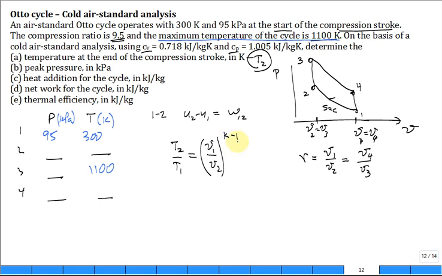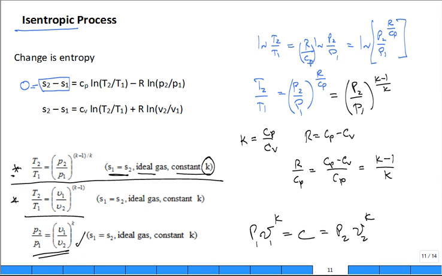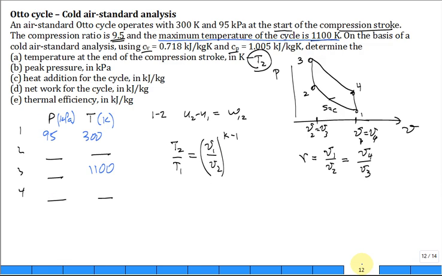Is it K minus 1? Take a look. We're using this equation right here. It's to the K minus 1. True? And so this is equal to the compression ratio, 9.5 for this problem, to the K minus 1. For this problem, K is about 1.4. Those values, C sub P over C sub V, give you K of 1.4.